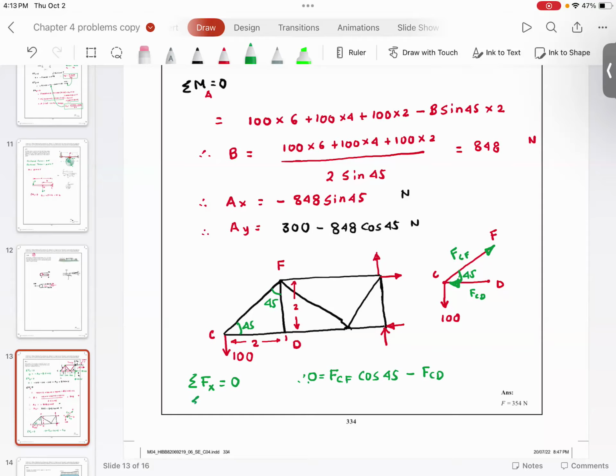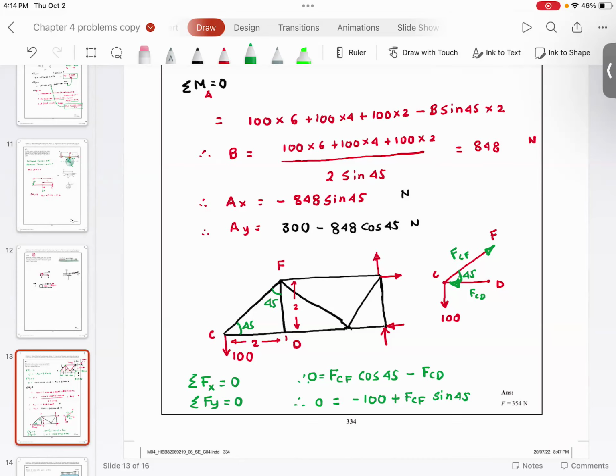And summation of forces in the y direction is equal to 0, which means 0 is equal to F. So 100 is going in the negative direction, minus 100 plus FCF sine 45. So from this equation, FCF sine 45, 100, can you see the only one unknown is FCF? I can find out the value of FCF. Substitute the value of FCF in this equation and you get the answer for FCD.